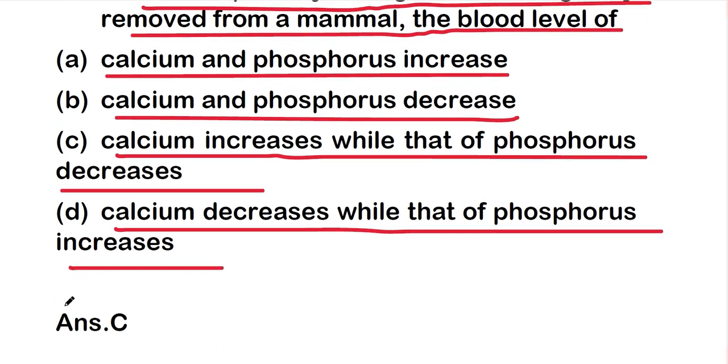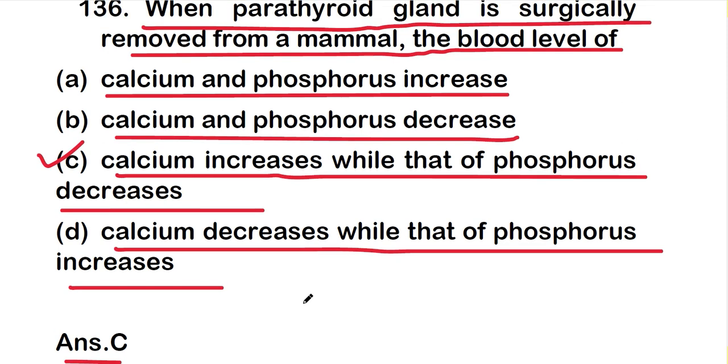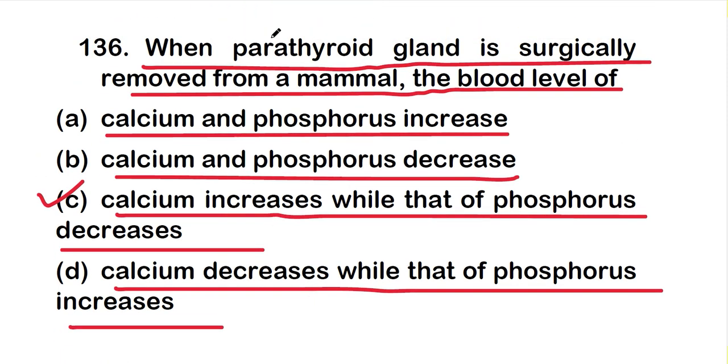So the right one is option C, that is, calcium increases while that of phosphorus decreases. So when the parathyroid gland is surgically removed from a mammal, the blood level of calcium increases while that of phosphorus decreases.